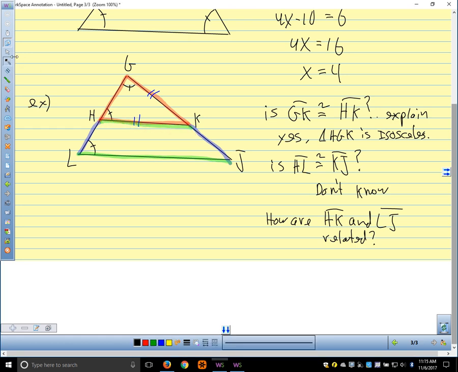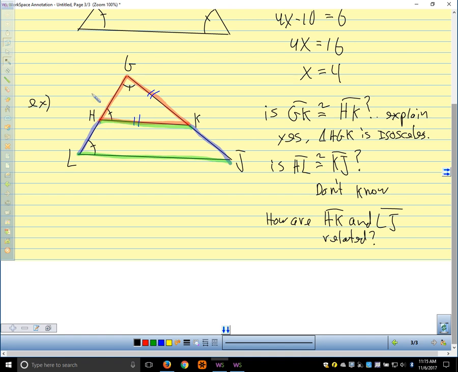How are those two related? They're both bases, and we have those two angles congruent. We have these two lines. We could think of this as a transversal.